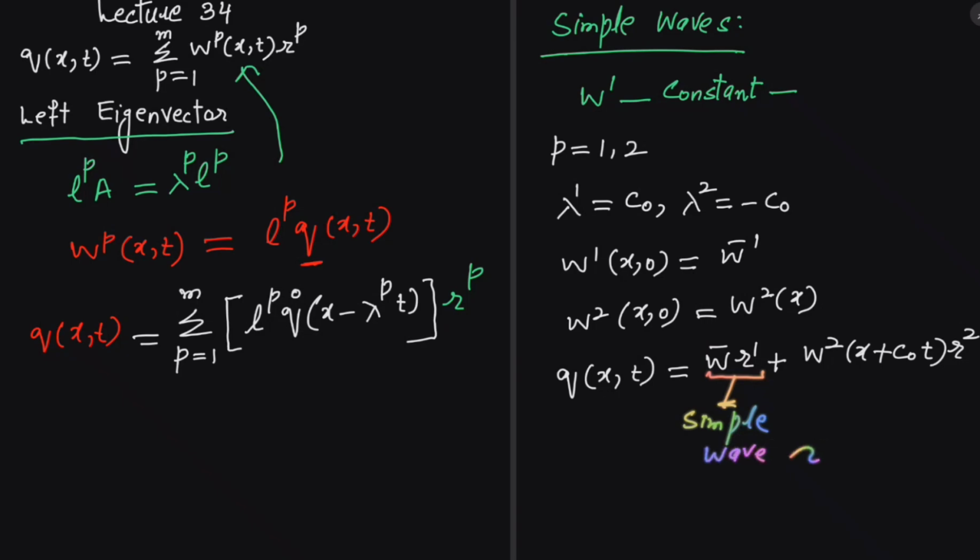We will talk about that in future. This one is not a simple wave since there is x, so w_2 depends on x. So that was our solution and the definition of a simple wave.